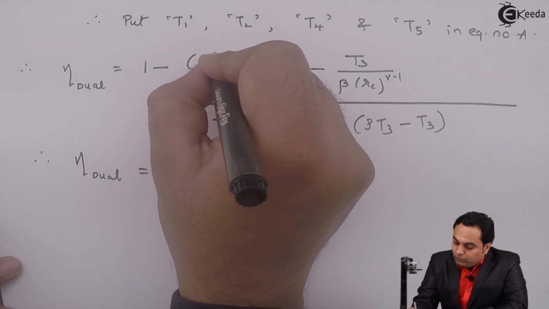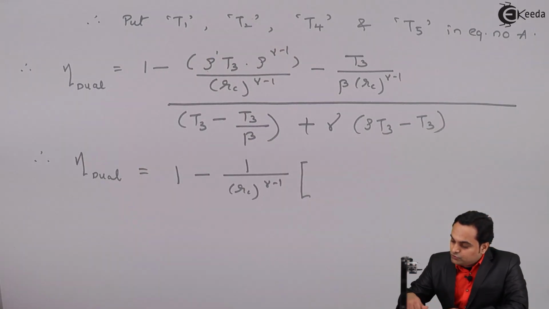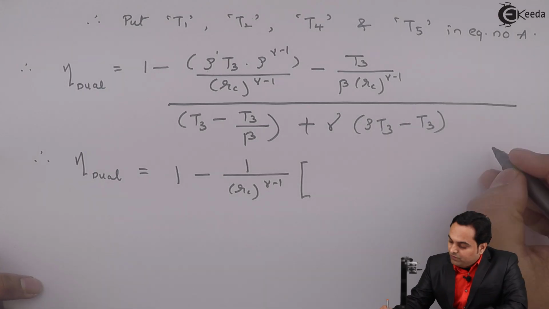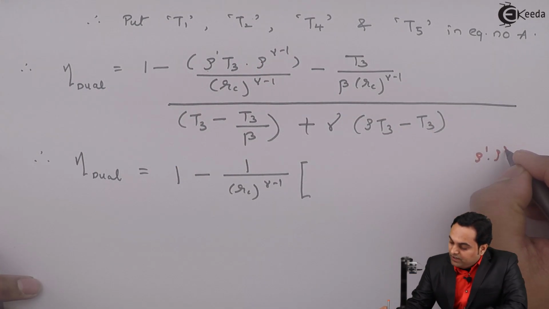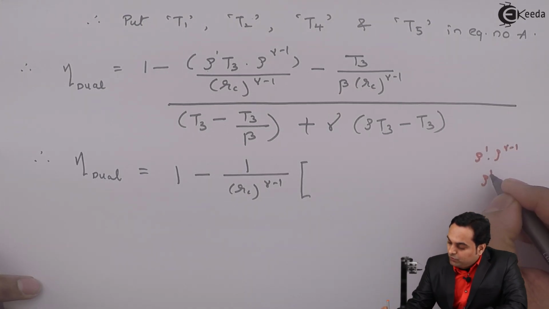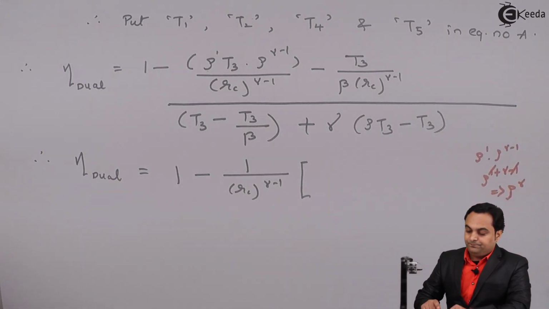Now here we have rho raised to the power 1, so rho raised to the power 1 into rho raised to the power gamma minus 1, so that becomes rho raised to 1 plus gamma minus 1, plus 1 minus 1 gets cancelled out, so it is rho raised to gamma.